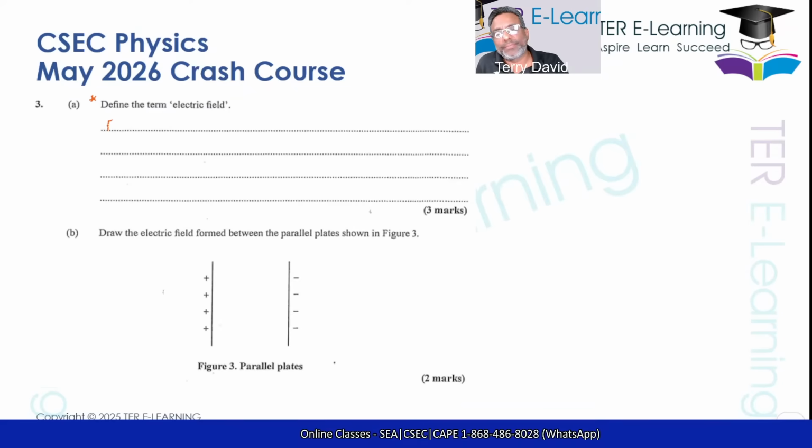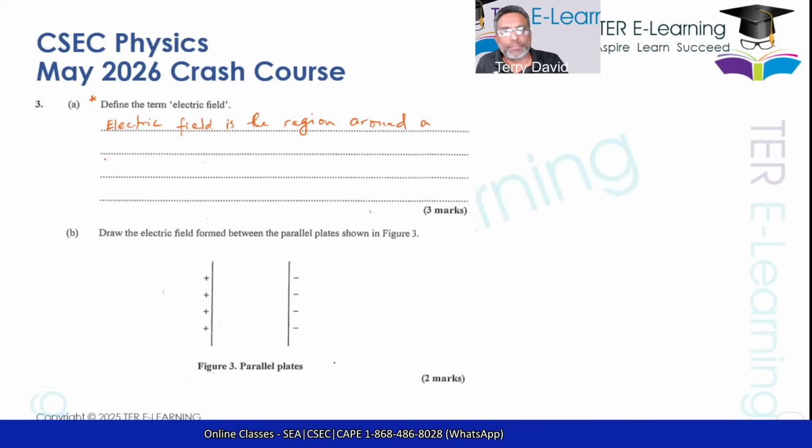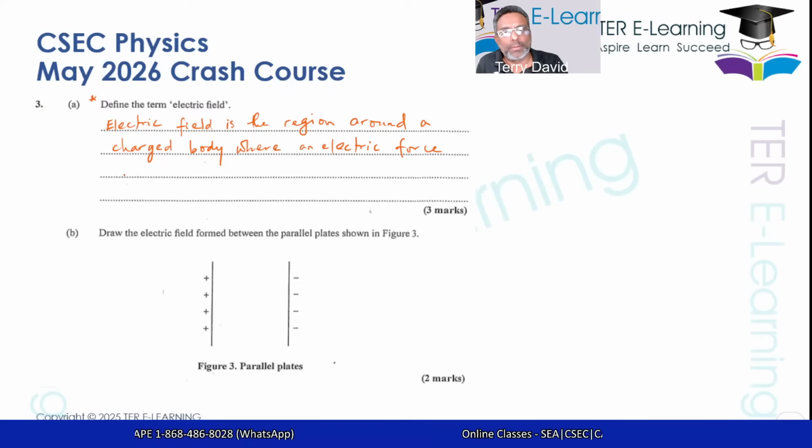So electric field is a region around a charged body, right, where an electric force is experienced. Right? So make sure, easy 3 marks here.